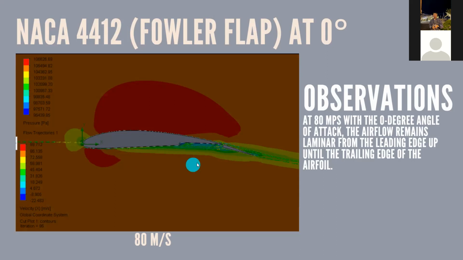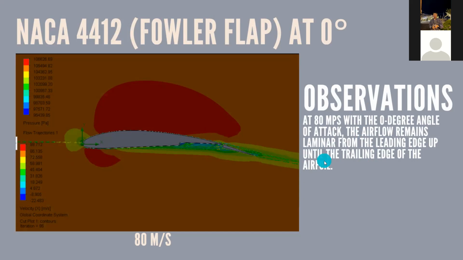Visible pa rin dito yung eddy dun sa part where nagre-retract yung ating Fowler flap. So at 80 meter per second with 0° angle of attack, the airfoil remains laminar.